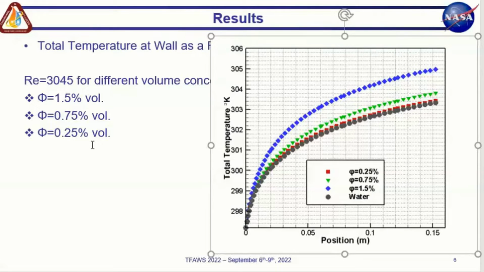So I imagine some of these effects will show up in the enhanced heat transfer coefficient and things like dispersion and so forth. But the main player is the thermal conductivity.